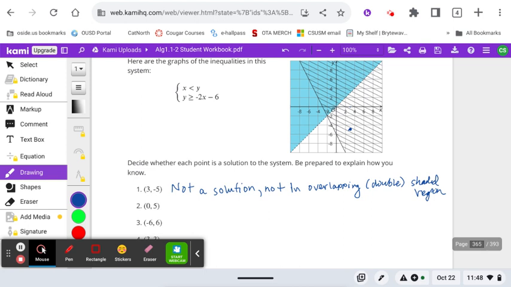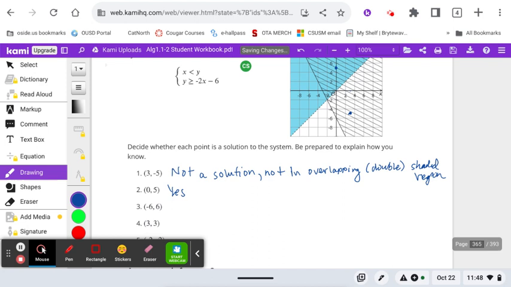(0, 5) is in the double overlap region. Yes, this one is in the solution. (-6, 6) lands on a line, a solid line.